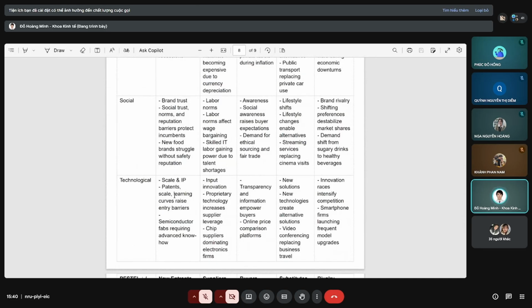If some firm is the patent holder, it will protect itself from the entrant, because the entrant cannot enter the industry and use that patent, right? So that is a really high barrier.